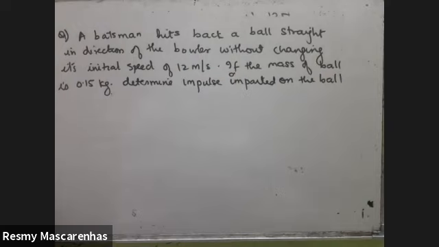So there's a ball which is coming towards the batsman. The batsman hits the ball back. But what is happening without changing its speed? So if it's coming at 12 meters per second, it will go back also at 12 meters per second. Mass of the ball is 0.15 kg.